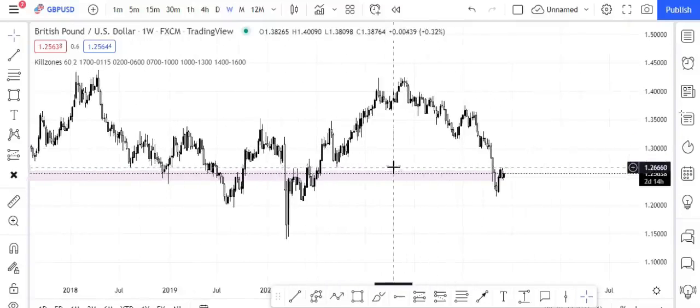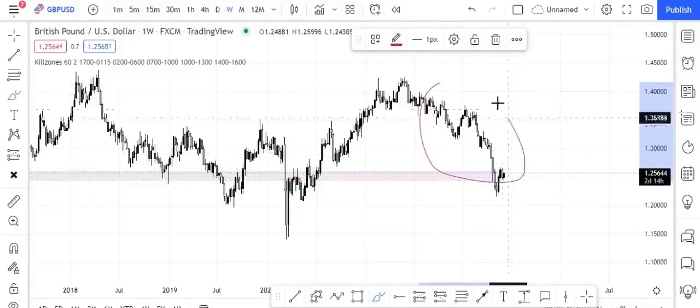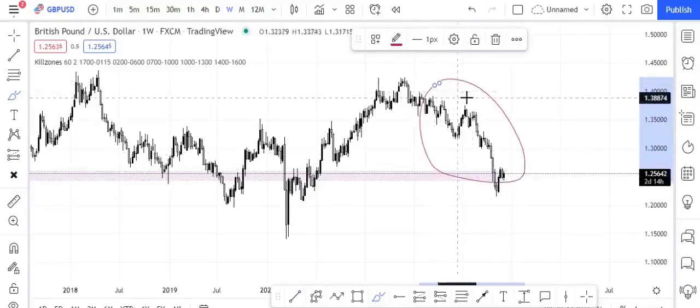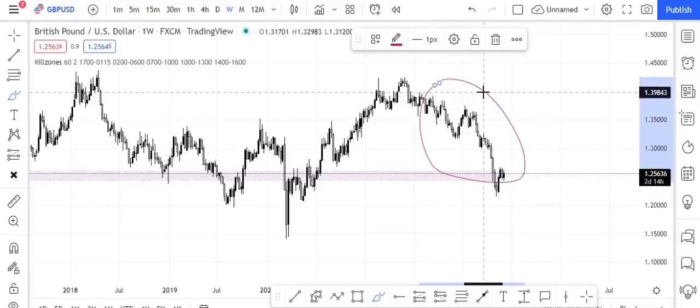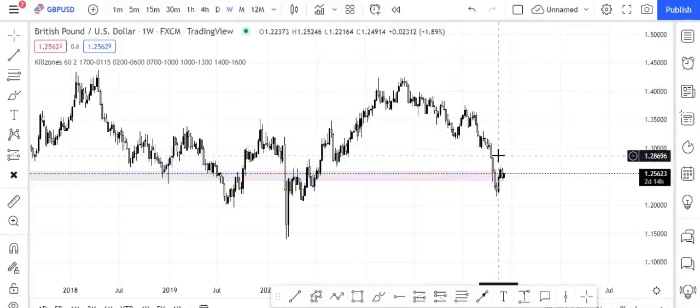This current swing is what should attract your attention, very important for you to look at it and know what to do in the market.